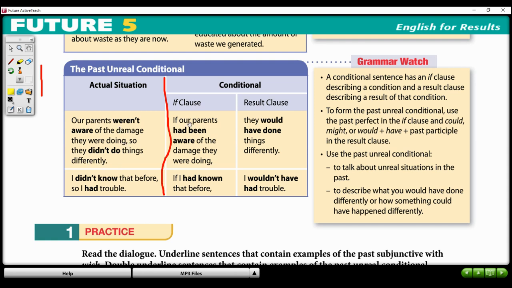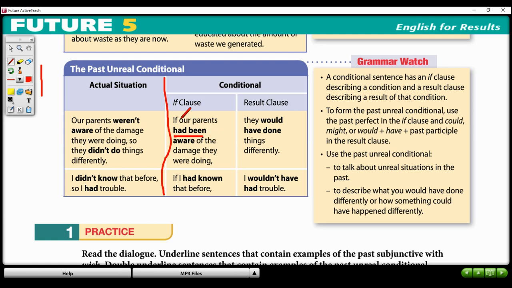And so in the past unreal conditional, you can see that we have an if clause, and then we have the past perfect. And so in this case, you use had been, and the American English pronunciation of this word is been, not been. Had been, and then the past participle of the verb. And if you have not memorized the irregular past participle verbs, there is a list in your book on page 225.